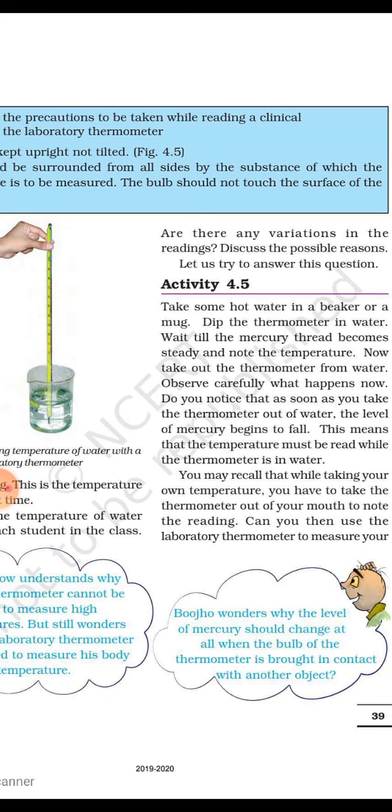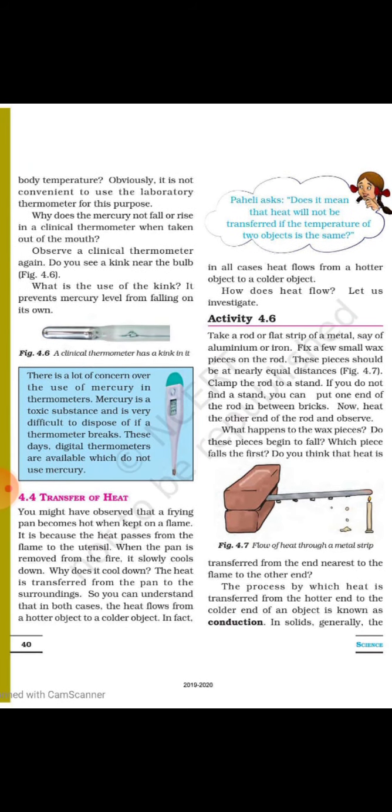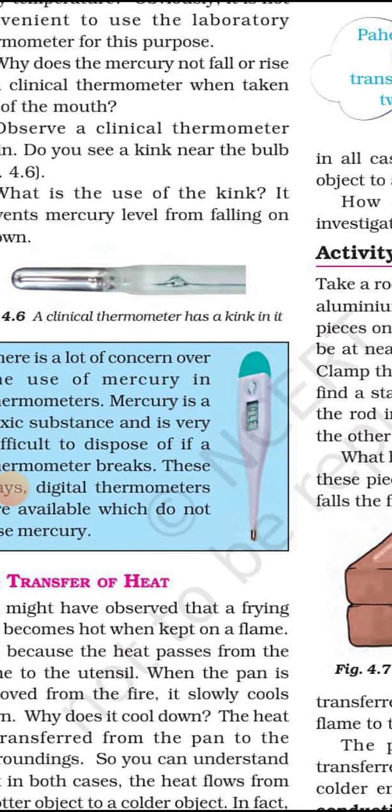This happens in the lab. If you see it in the lab, it will be clear for you to look at. In the laboratory thermometer, we saw that after taking it from the hot water, the reading goes on decreasing. But in the clinical thermometer, it does not increase or decrease after taking it out from our mouth. Why? What's the reason? Because in the clinical thermometer, see in this picture, a nick is present.